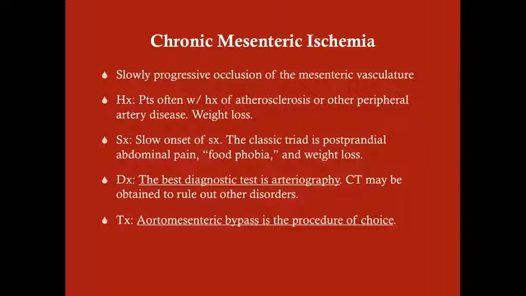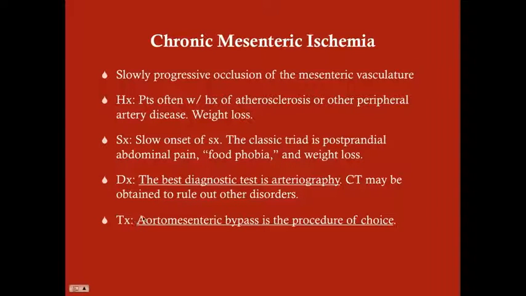I would expect on the USMLE they'll just ask you angiography. You won't have to decide between those three because that's way beyond the scope for the USMLE. So best diagnostic test is angiography. You can also get a CT to rule out any other gut disorders, but the best diagnostic test is angiography.